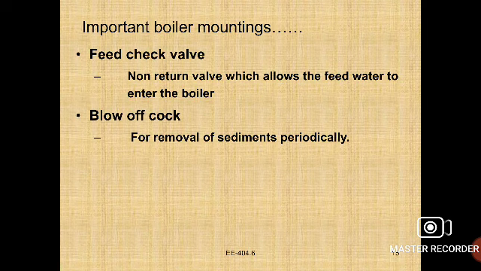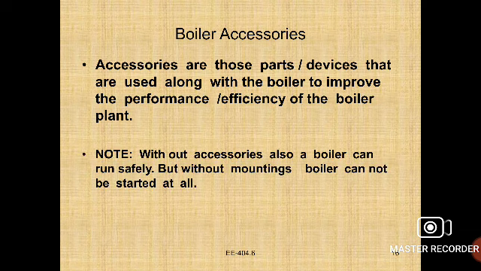Then next, we have discussed each and every one of them. What is the importance of boiler accessories? Boiler accessories are the auxiliary devices installed with the boiler for proper operation and to increase the efficiency of the plant.